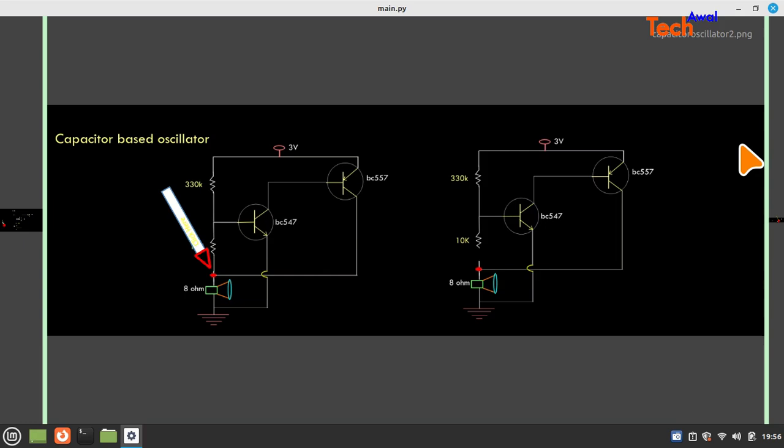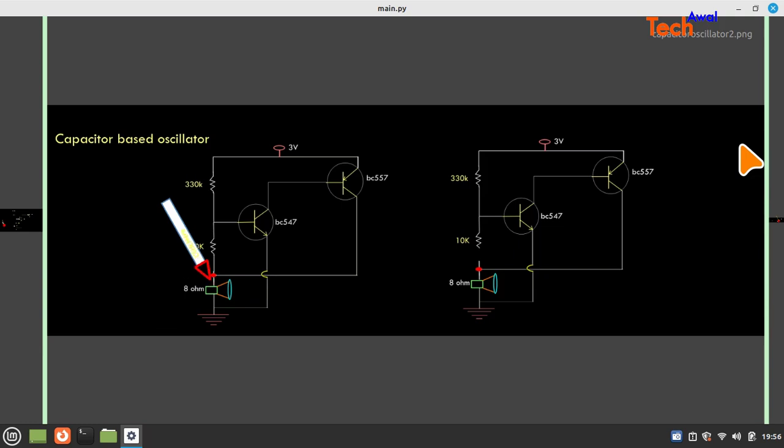Okay, the moment it discharges, its resistance is lowering, and one moment will come that it will be a short circuit. The moment current starts flowing through it, then there will be again noise in the speaker.